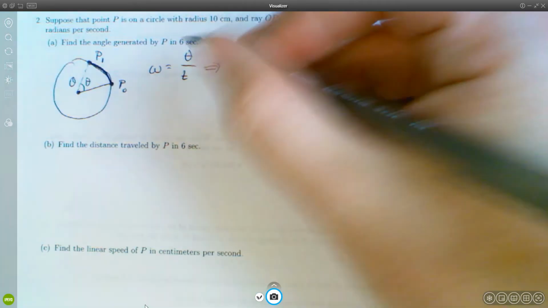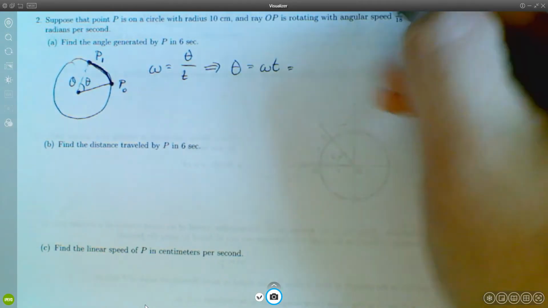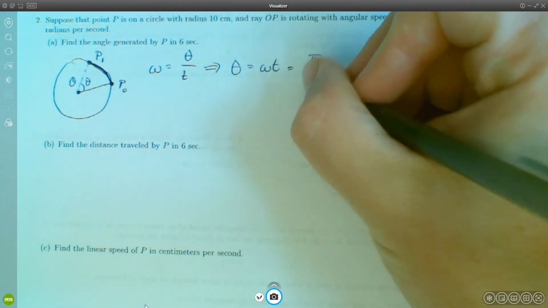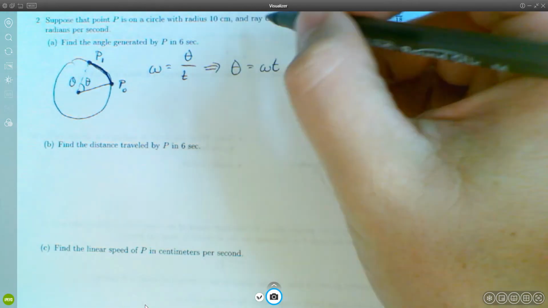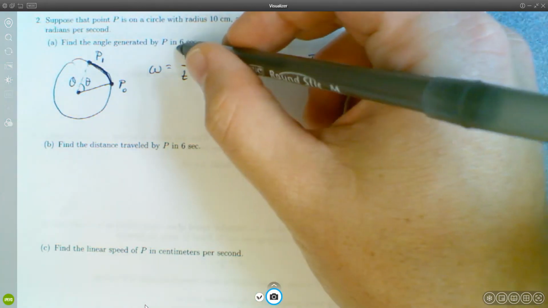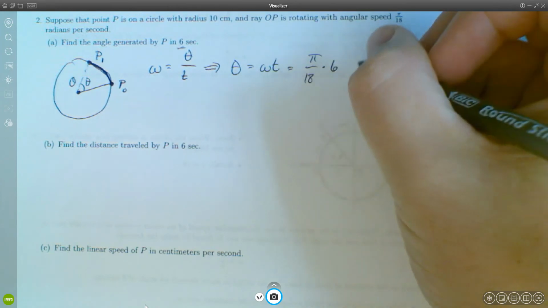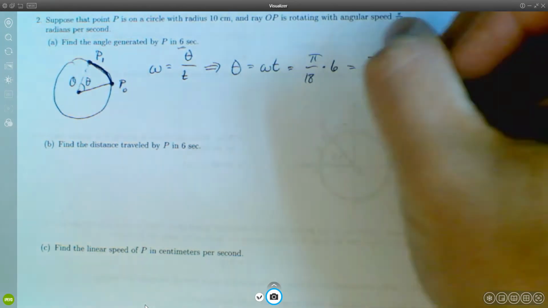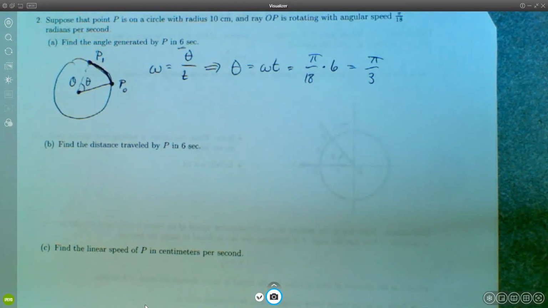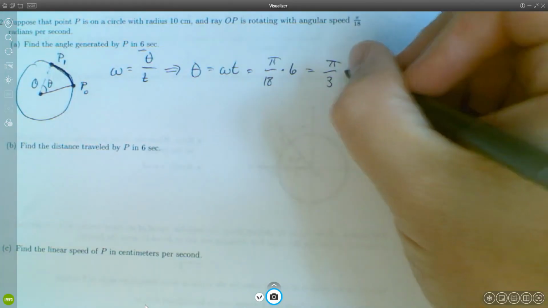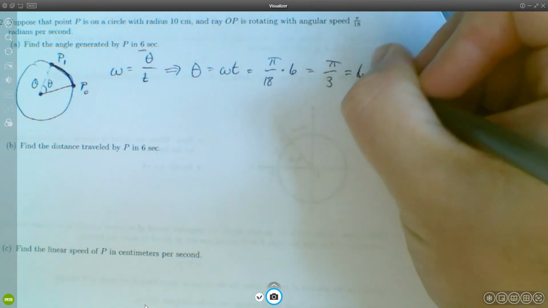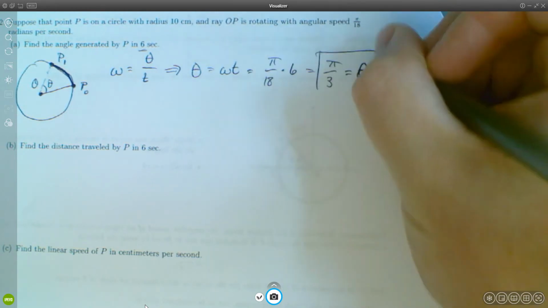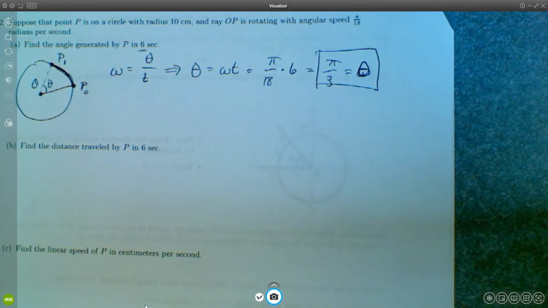Omega was pi over 18, and t was 6 seconds. Oh, so that's easy, right? That's pi over 3. Okay, so there's theta. Theta goes through a rotation of pi over 3 radians.